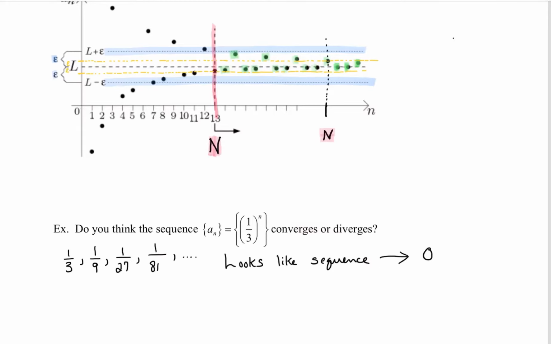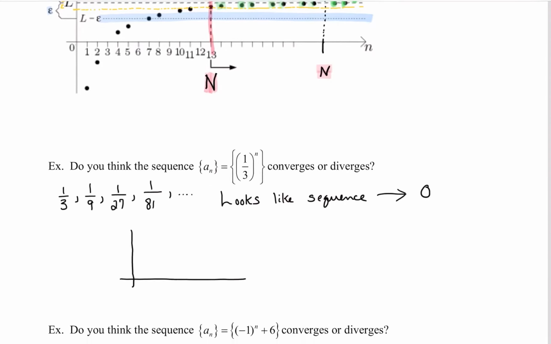So it looks like these numbers a sub n are approaching 0. Thinking about it with a little more specificity, if I start at 1, this represents the first value at 1/3, though not drawn to scale.